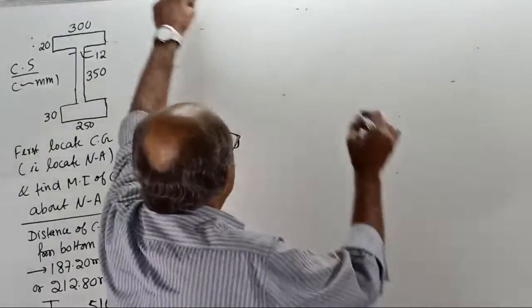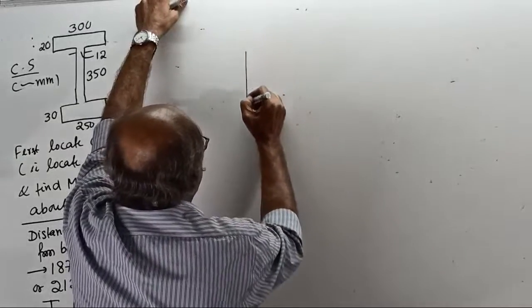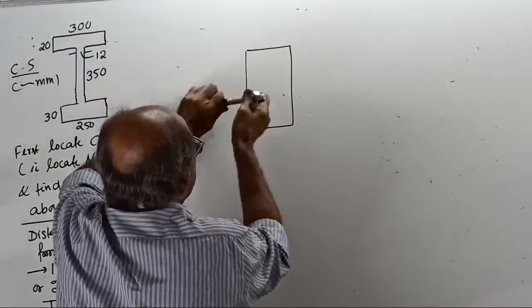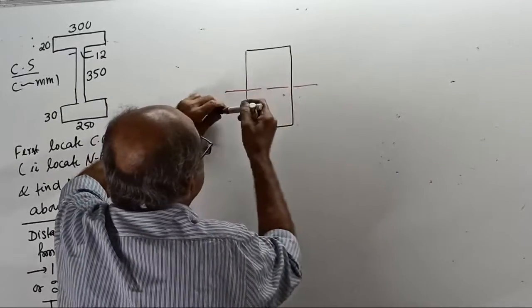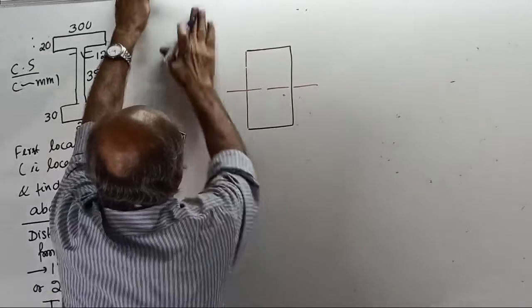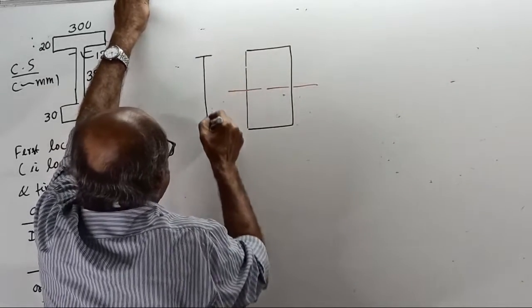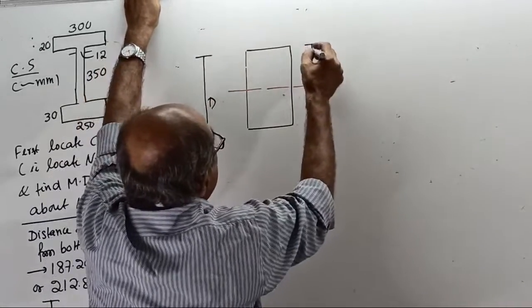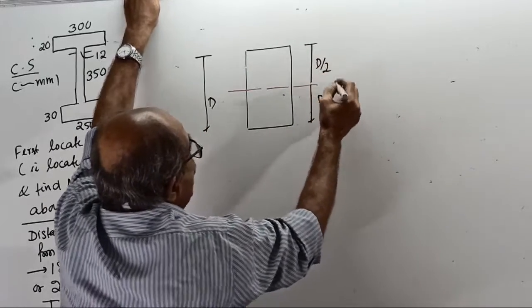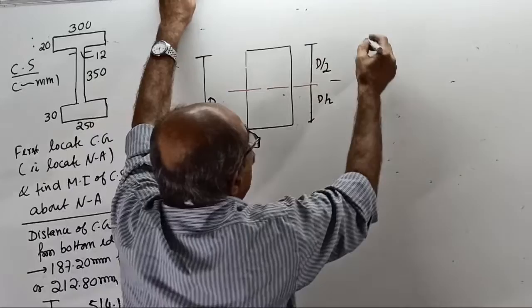Okay, I'll write. Suppose the cross section is symmetrical, like a rectangular section. The neutral axis comes exactly at the midpoint. Then, if the total depth is capital D, then each will be equal to D by 2 and D by 2. Then the bending stress diagram will be like this.